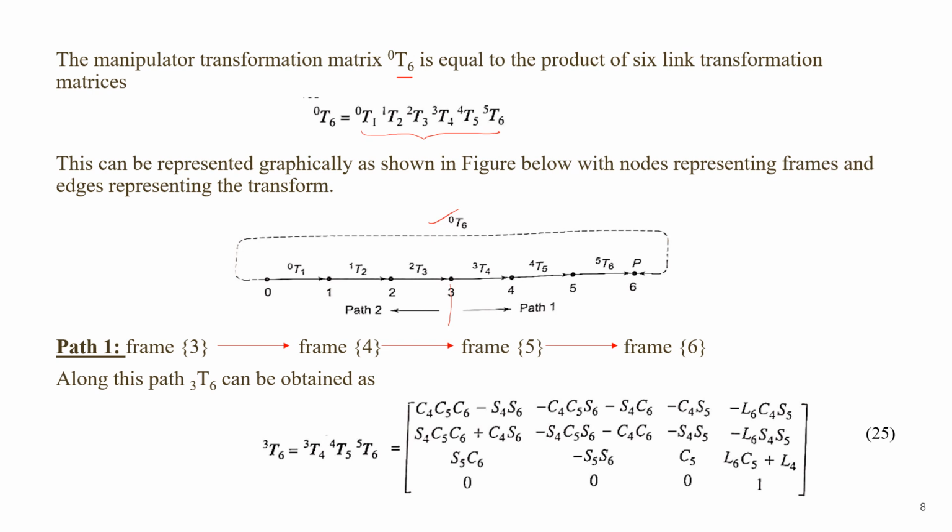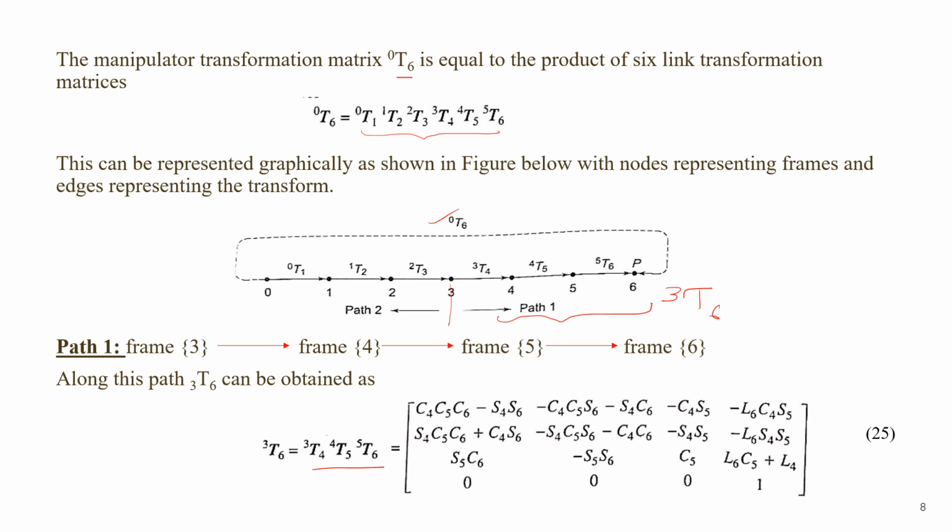Along the first path, the complete path denotes T 3 to 6. This can be obtained by multiplying the three transformation matrices as shown here, that is T4 to 3, T5 to 4, and T6 to 5. When we multiply these transformation matrices, you will be getting T6 to 3.